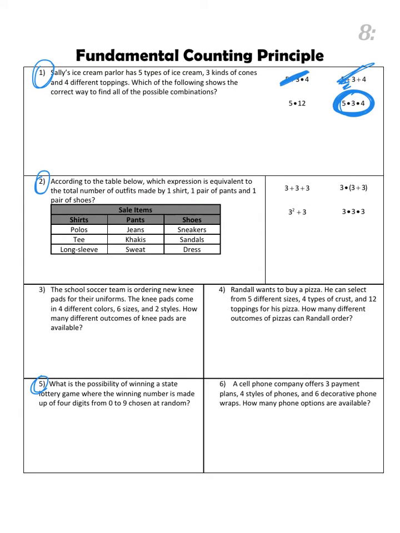Number 2. There are 3 kinds of shirts, 3 kinds of pants, and then 3 pairs of shoes. So get rid of these addition ones, and we're left with 3 times 3 times 3. Look at number 5. The possibility of winning a state lottery game where the winning number is made up of 4 digits from 0 to 9 chosen at random. So I'm going to take a second and write out numbers 0 to 9 so I can check out my sample space.